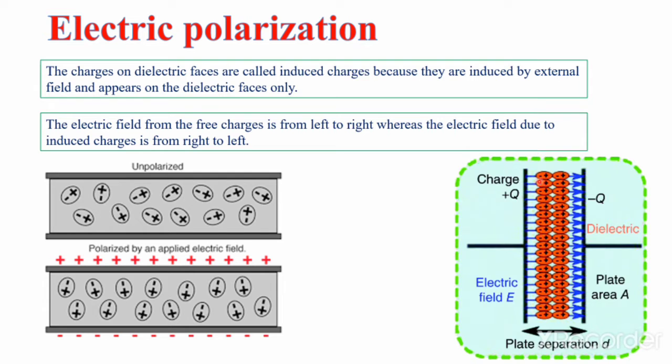And for free charges, the electric field is from left to right because the left plate of the capacitor is positively charged and the right plate is negatively charged.